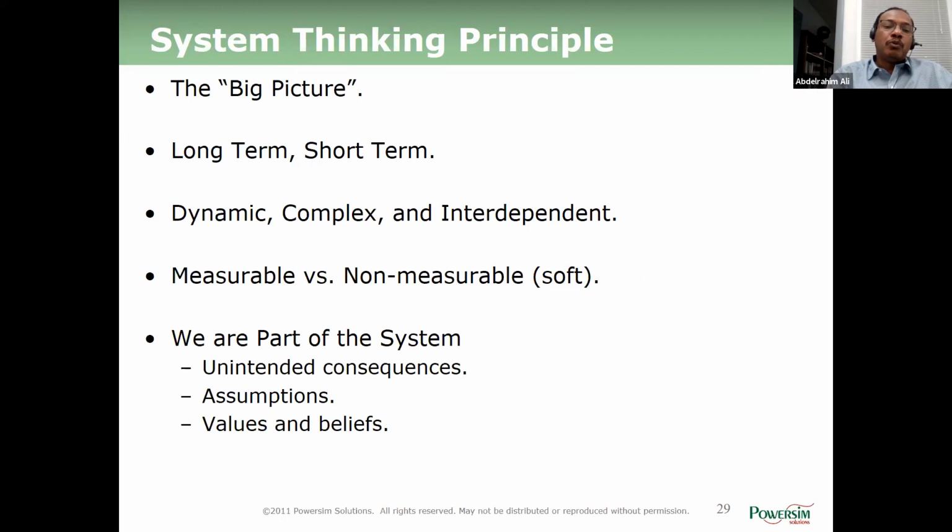We also include in our thinking the measurable and non-measurable, or soft, indicators in the system. We are all part of the system, and usually there will be unintended consequences of interventions. There are assumptions from you, from the customers, from your management, and you also have to take into account the values and beliefs of people when you are designing that thinking.